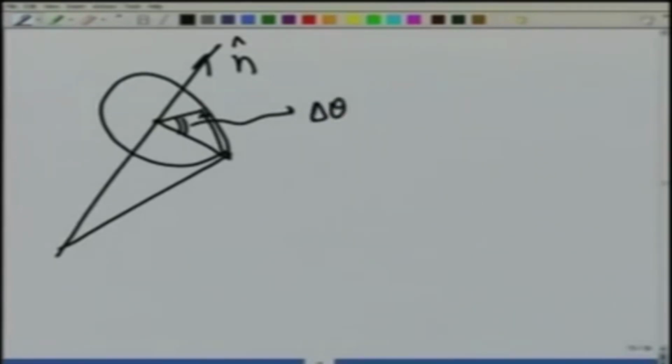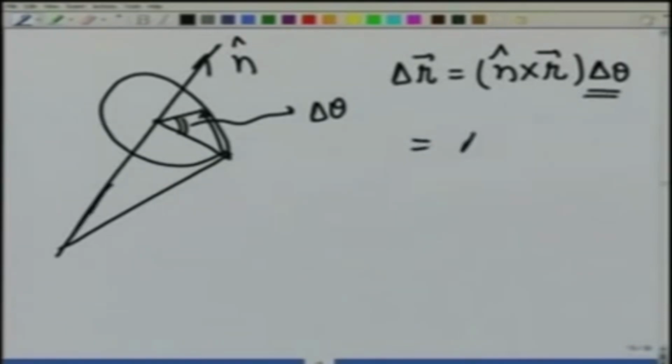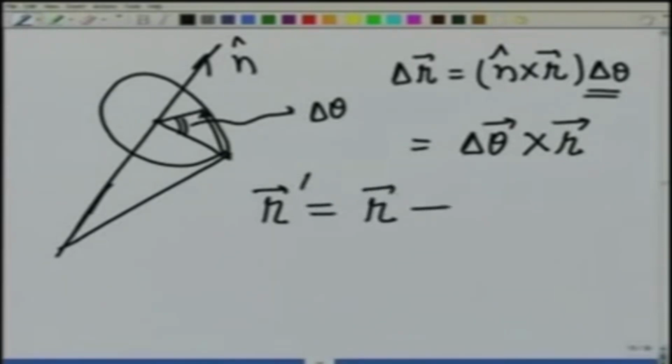This direction is automatically n cross r, and this change delta r is n cross r, right direction, right magnitude of this radius times delta theta. And therefore, taking the direction of delta theta along the axis of rotation, I can write this as delta theta cross r, and therefore the new r prime is really the original vector plus delta theta cross r.